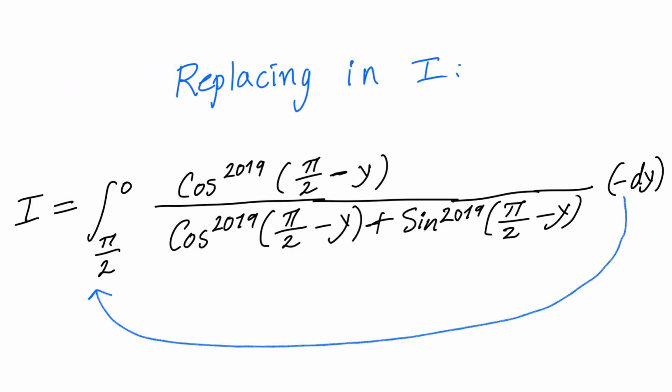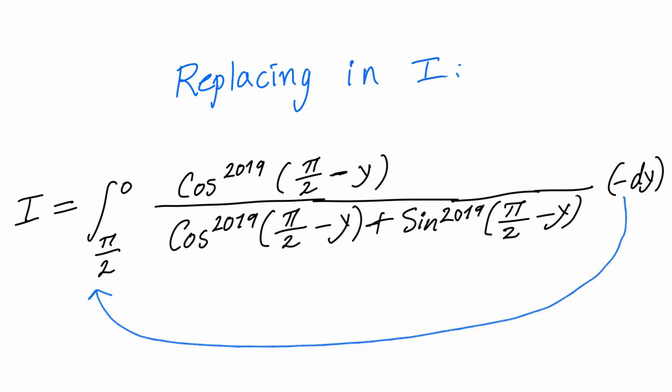Okay, here we have to remember that we wanted to do this substitution to write I in terms of a new variable that can help us to solve the problem. So the limits of integration will change from 0 to pi divided by 2 and from pi divided by 2 to 0, because the substitution that we did previously showed us this logic. Also, instead of dx, we will write minus dy.